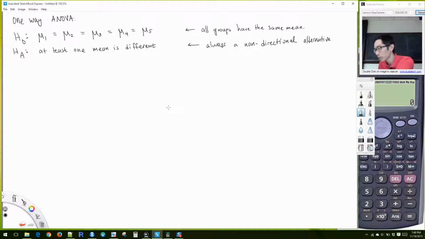We might come to the conclusion that at least one of our means is different, but ANOVA does not tell us which mean is different, okay?